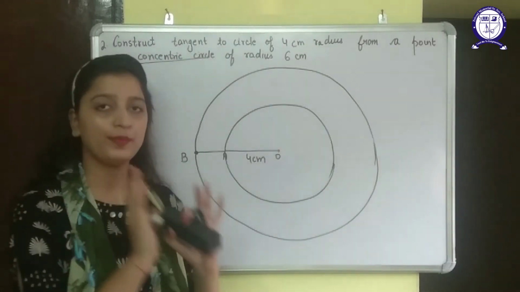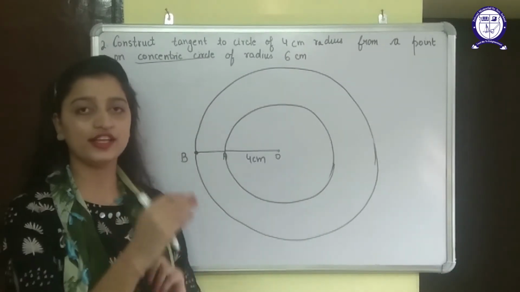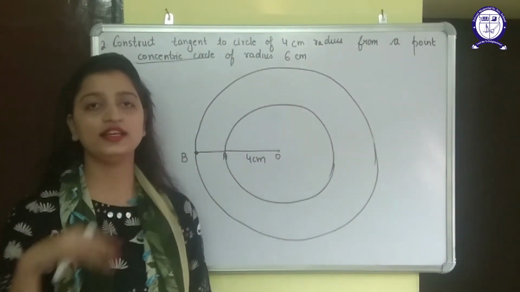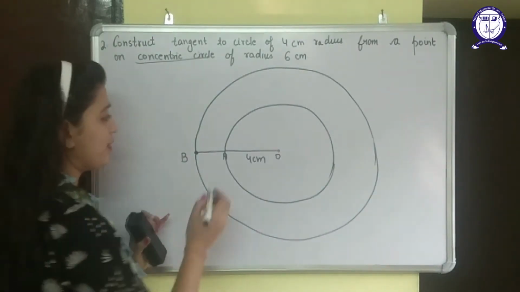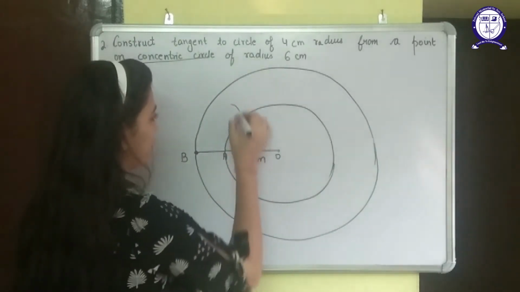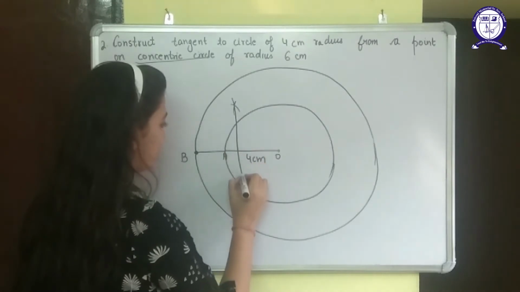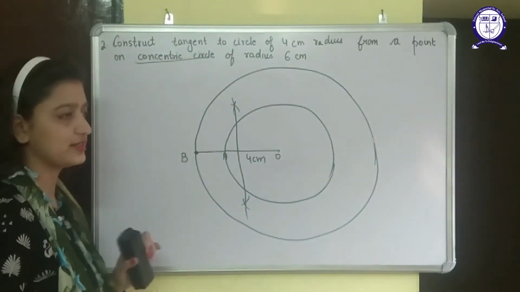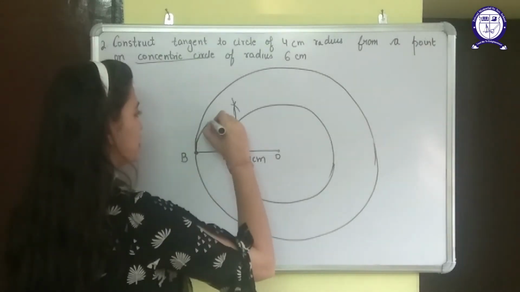Now the procedure is the same. You need to draw the perpendicular bisector of this line and draw the circle, and where it cuts the previous circle, they will be my tangents. Now the process is the same. I will draw the perpendicular bisector of OB. They will be like this. If I join them, it will be like this. Now taking this as the radius, I will draw another circle.